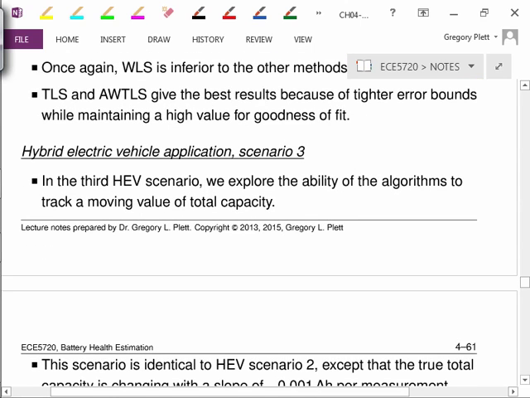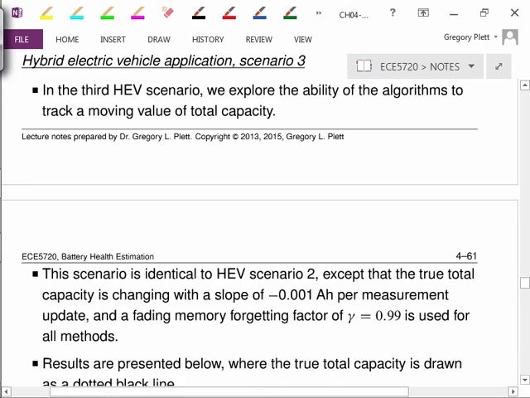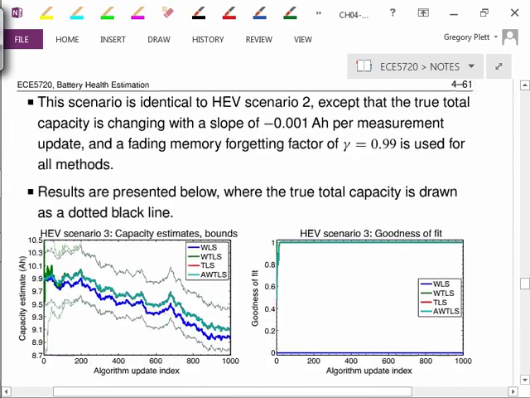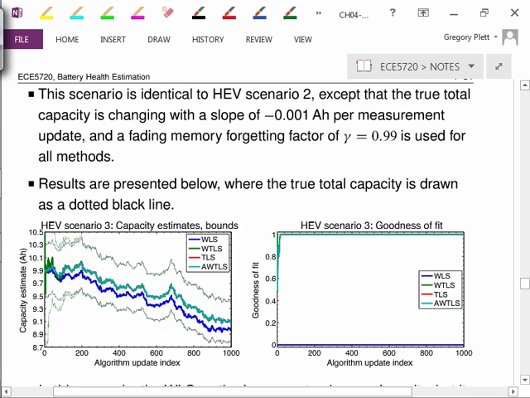Scenario 3, we explore the ability of the algorithm to track a moving value of total capacity. And so this is identical to scenario 2, so I still do the initialization, except I am changing the true total capacity by 1 milliamp hour per measurement update per 5 minutes. And a fading memory forgetting factor of 0.99 is used.